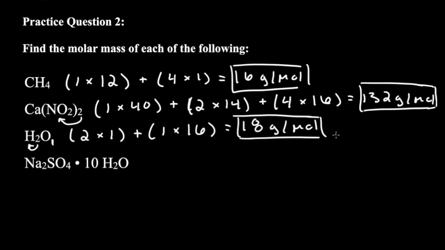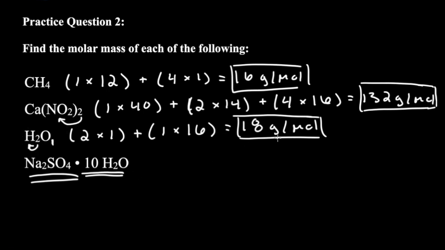And so for this chemical, we have Na2SO4, and then this 10H2O means that that's part of this right here. It's all 1. And so what you could do is say, well, I know the molar mass of H2O is going to be this 18 right here.